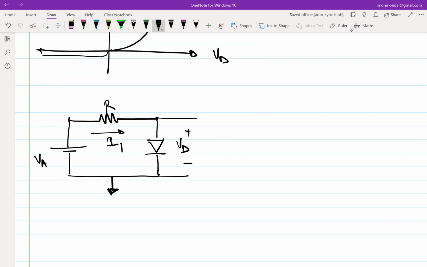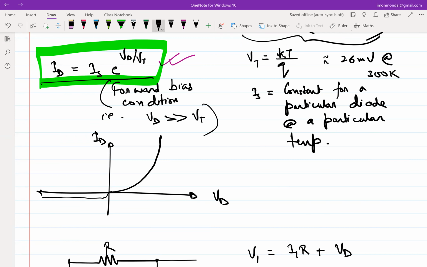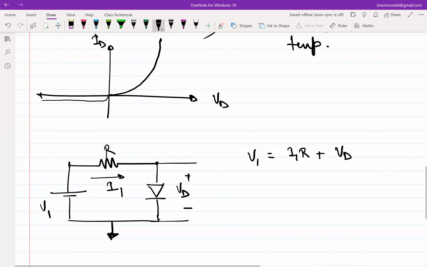Let me call this V1 because it will be consistent. So V1 will be equal to I1R plus VD. And what will be VD? Assuming forward bias, ID equals IS e to the power VD over VT. So given that I have this equation, your VD will be VT times ln of ID by IS. In this case, it's I1.